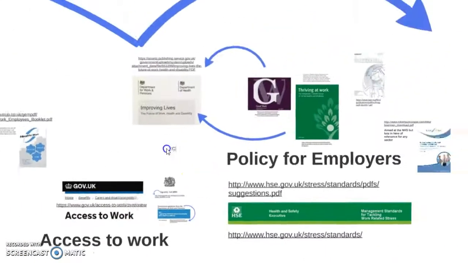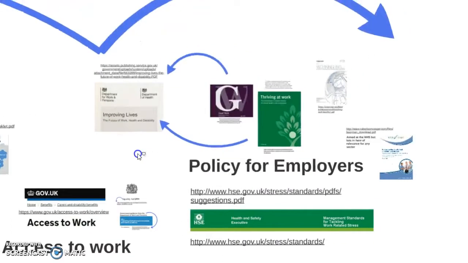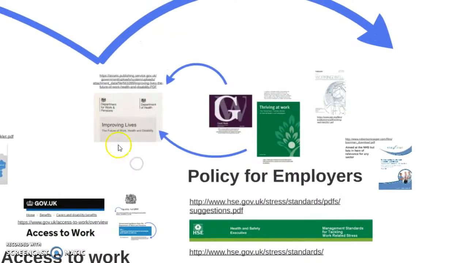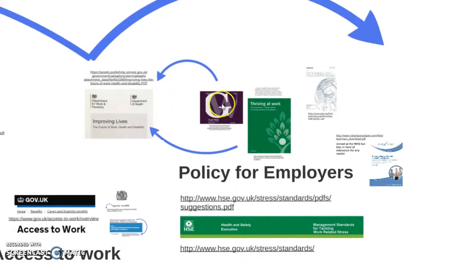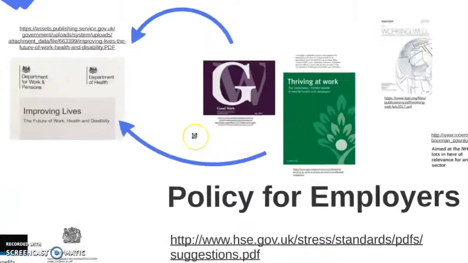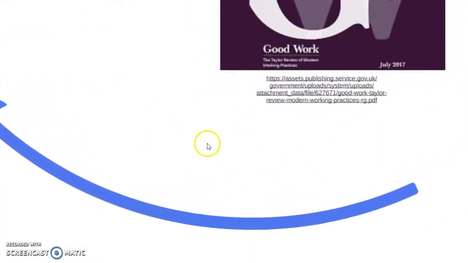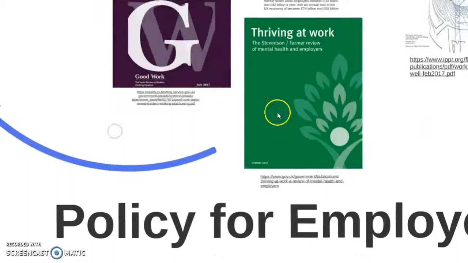The part that I've added most recently for this year's module is, as I've already mentioned in the webinars, this document, Improving Lives, the Future of Work, Health and Disability, that was produced at the end of last year. And this was based on a green paper that went out for consultation last year. It was also based on this Taylor review here, which looked at working environments, and this was also looking at mental health at work.